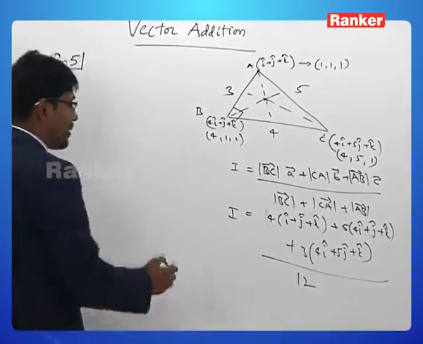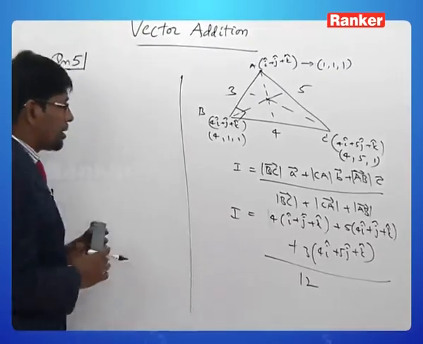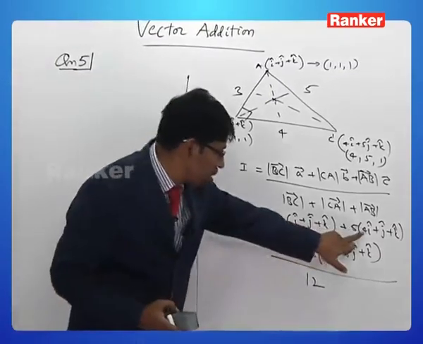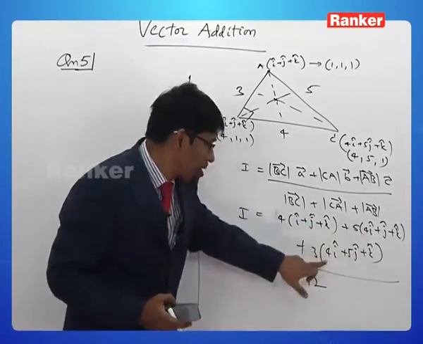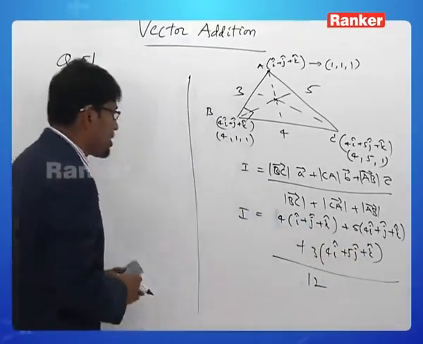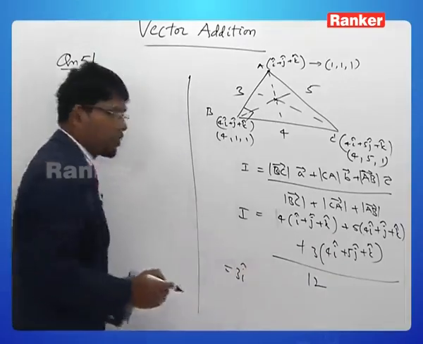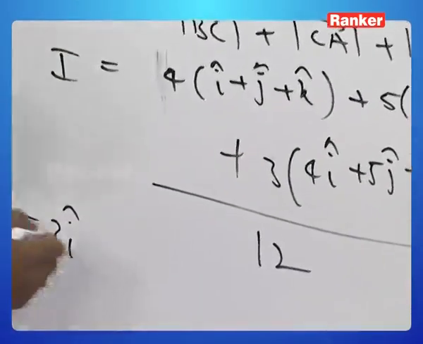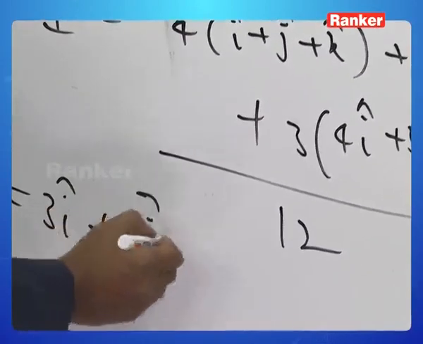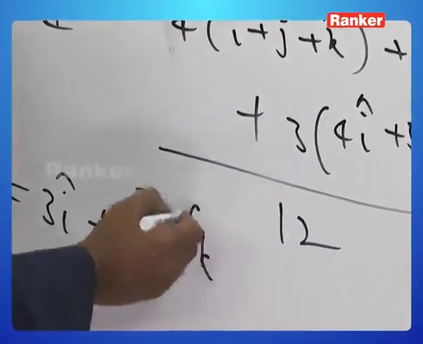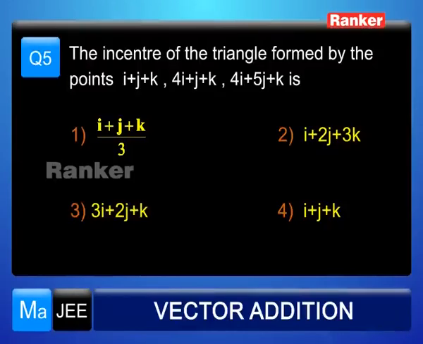And that is clear, what do you get here? 4 plus 20, 24 plus 12, 36. So, 36i by 12 gives us 3i, and it is clear to observe that the j component will be 2 and then k, 3i plus 2j plus k. Option 3 is the right answer.